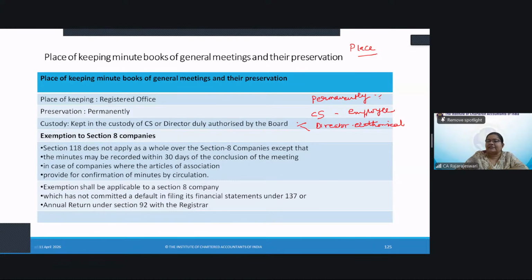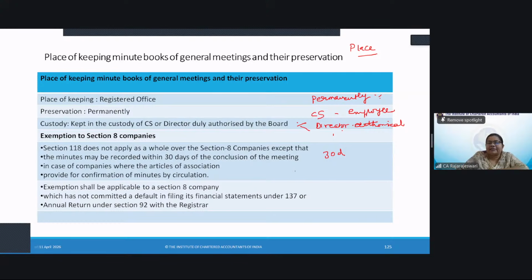It is in his custody that he should maintain it properly. And for Section 8 companies, that is not-for-profit or charitable companies, it does not apply as a whole, but the rule is applicable. Within 30 days, you should do it.